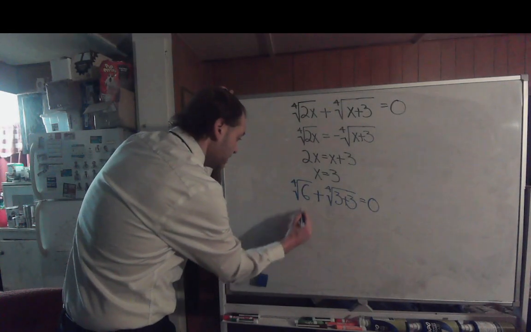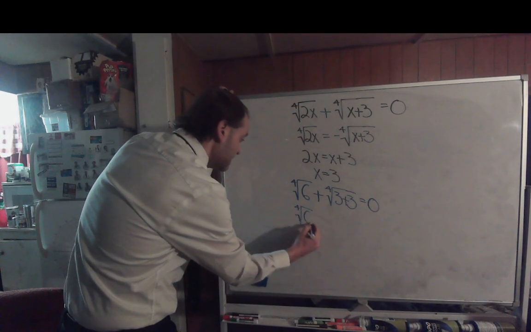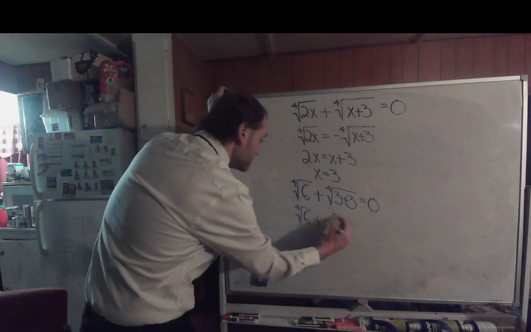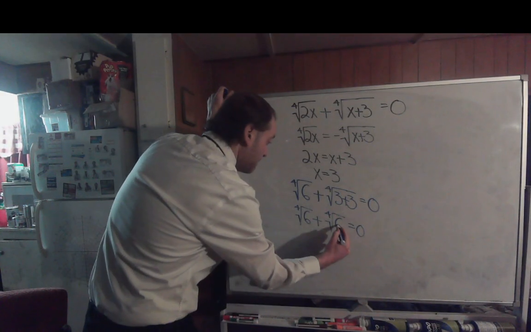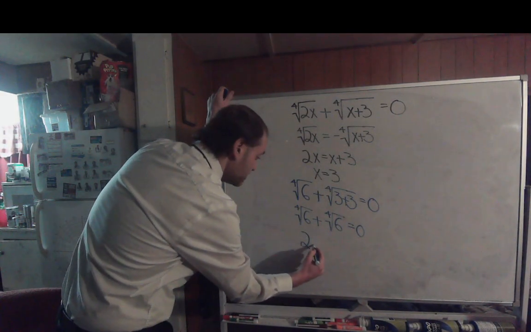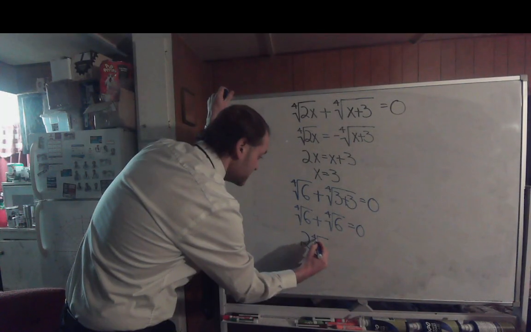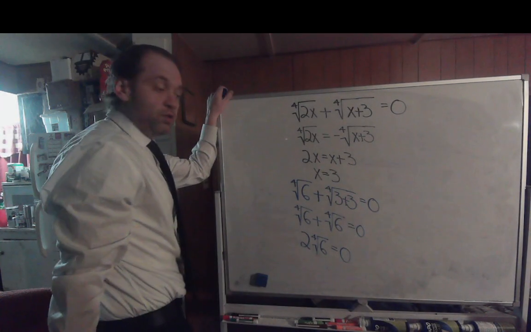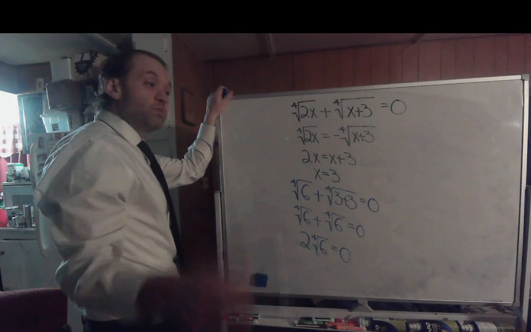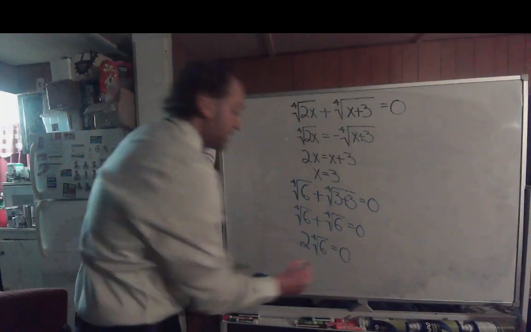So you would literally get the fourth root of 6 plus the fourth root of 6 equal to 0. This is saying that 2 times the fourth root of 6 is equal to 0. We know that's not true, right? This is why you check your work.